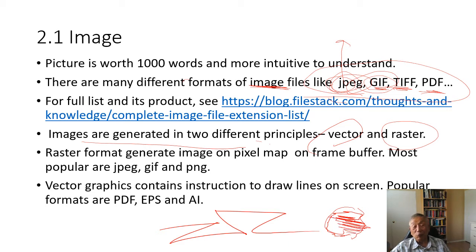On the other hand, raster begins with the whole memory, and it's dots. You just put the dots. So raster graphics is definitely less clear. Vector graphics is much clearer, with accurate lines.